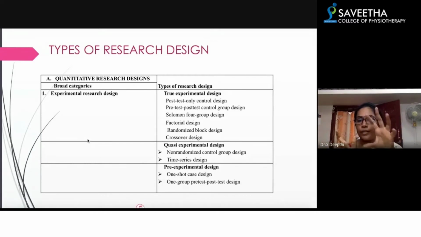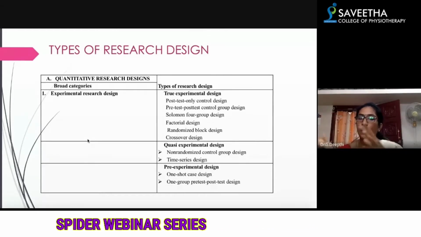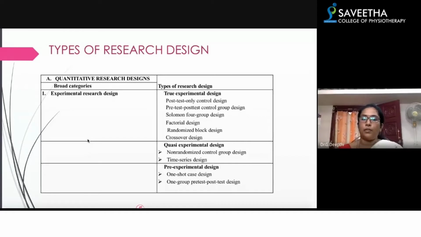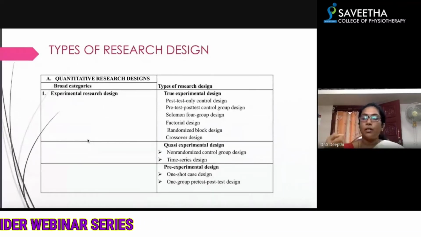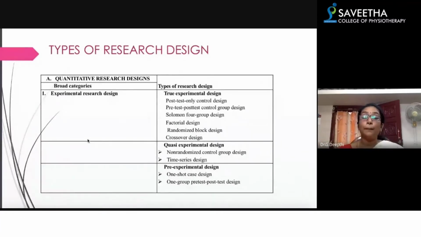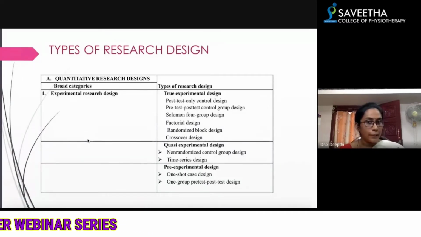In the true experimental design, you have the post-test only control design, where you take the post-test alone. Then pre-test post-test control, Solomon four group design, factorial, randomized block design, and crossover design. We'll select one of these based on your need and the purpose of the study. So in the true experimental design, we have randomization, control, and manipulation of the independent variable.